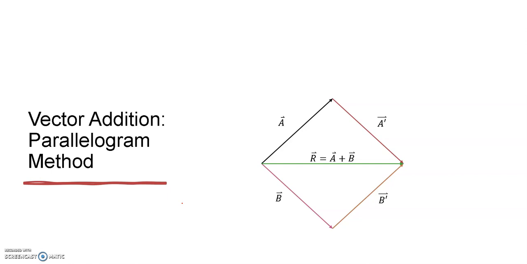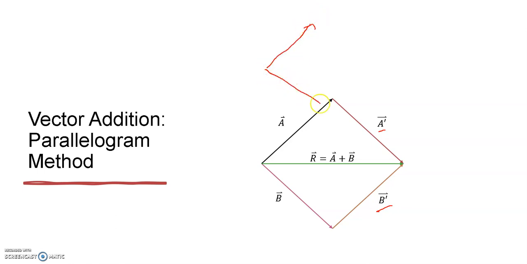Now, in this example, please disregard initially the vector that is represented by A prime. Let's say that the original vectors given in this problem are just these two vectors.